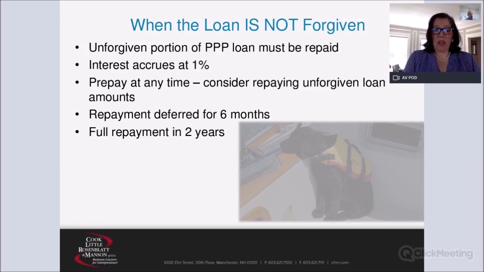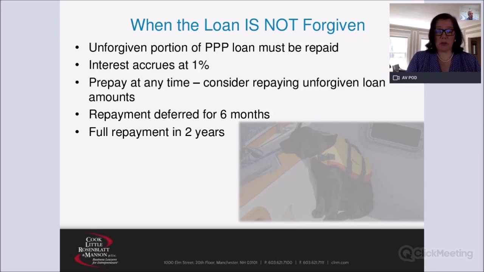Interest is at 1%. There are no payments due for the first 6 months, and then the loan has to be repaid in full in 2 years. So in ordinary circumstances, if you weren't comparing paying the money back to basically a convertible grant, the loan terms are not bad.